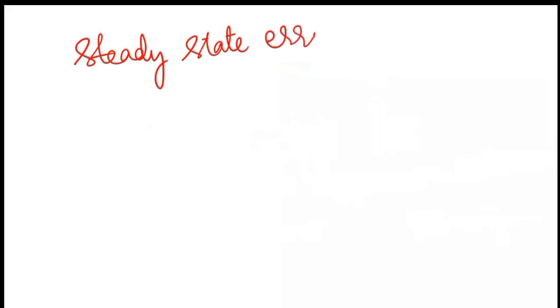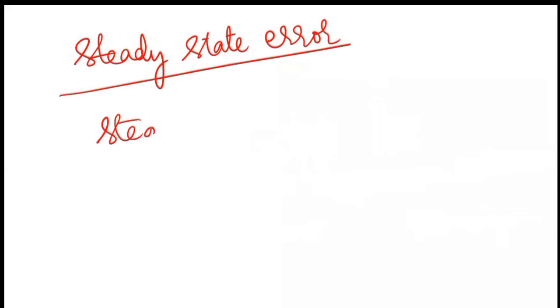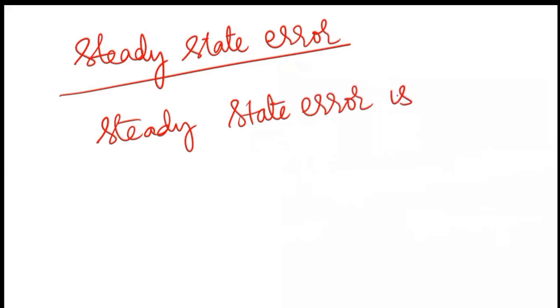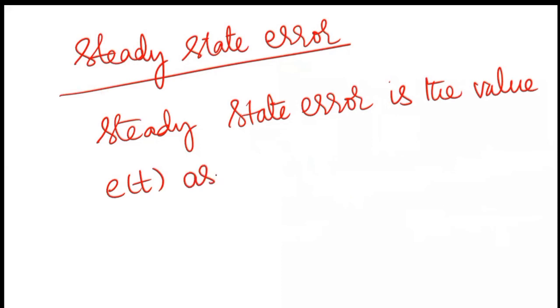Now, what is meant by steady state error? Steady state error is the value of e of t as t tends to infinity. And the steady state error is represented with ess.